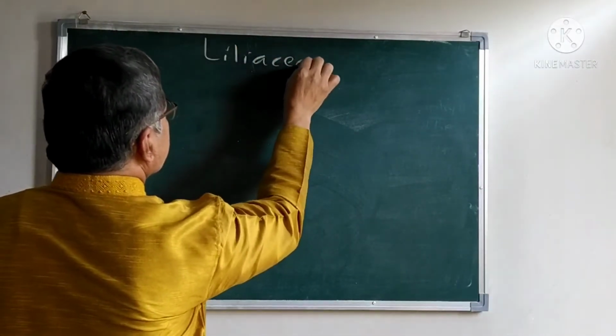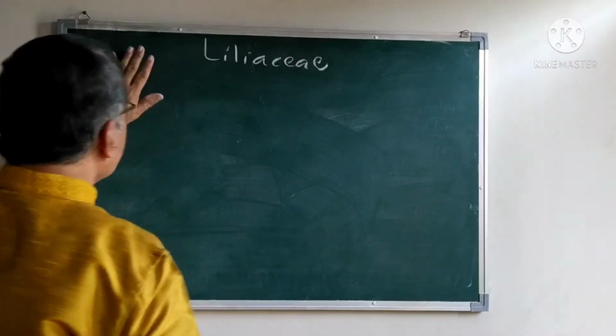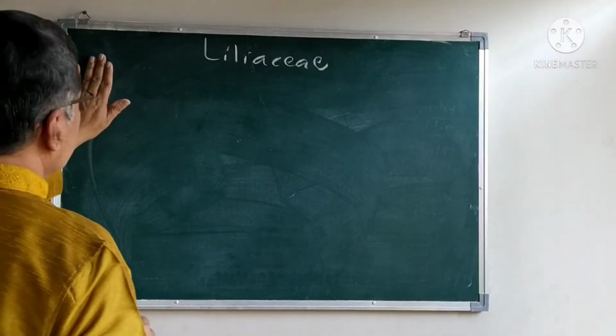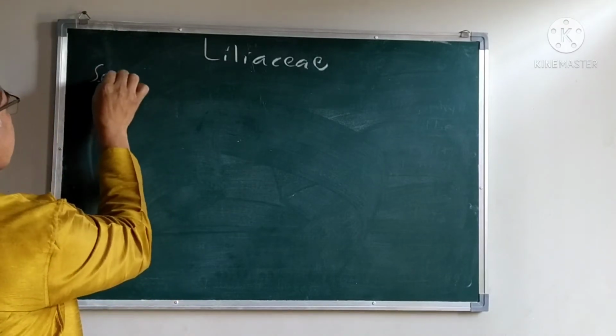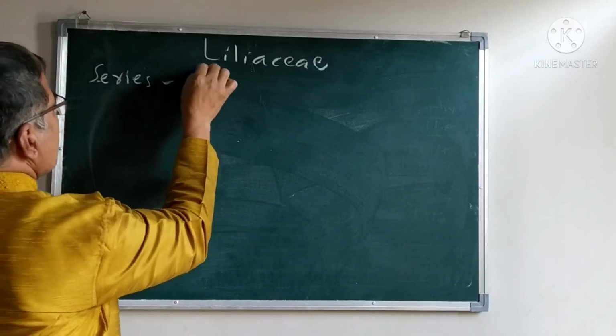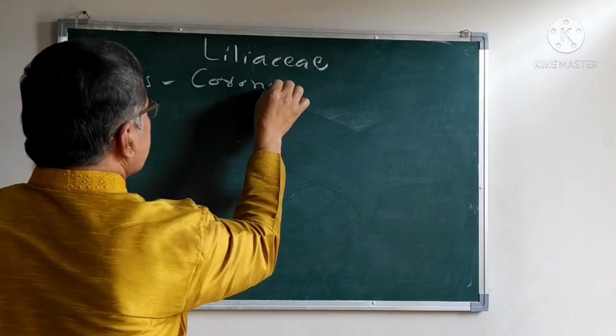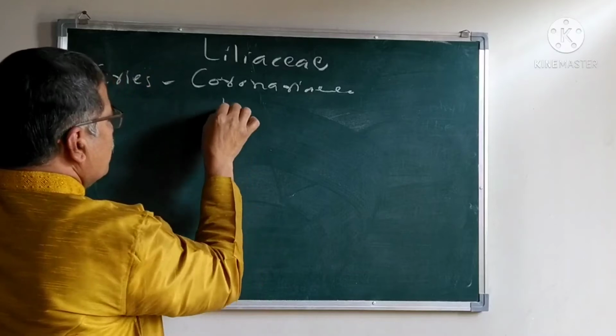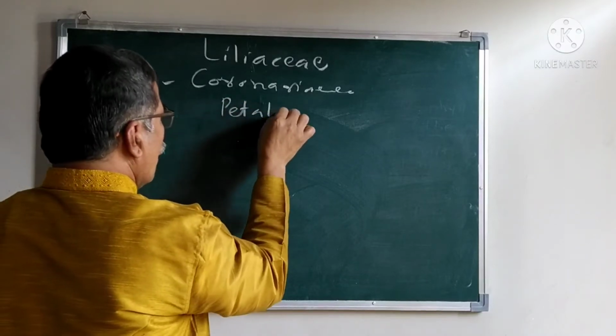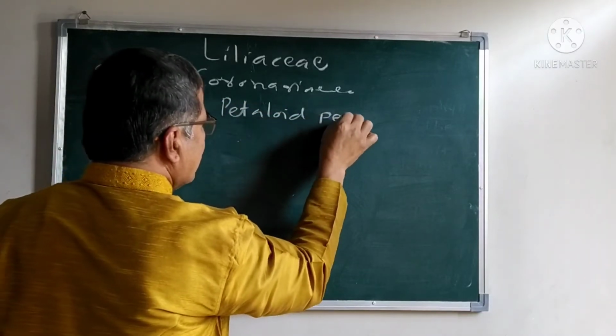Family Liliaceae. This Liliaceae belongs to the cohort, that is a series, Coronarieae. Here the perianth is petaloid.